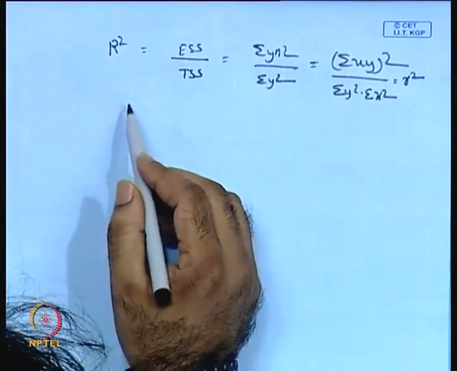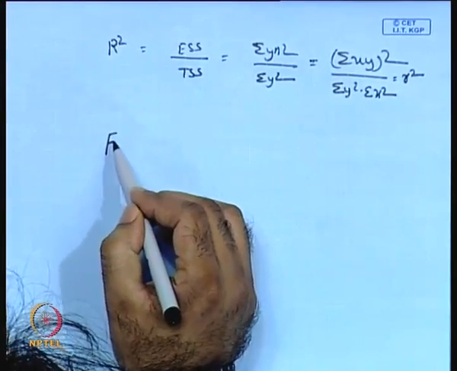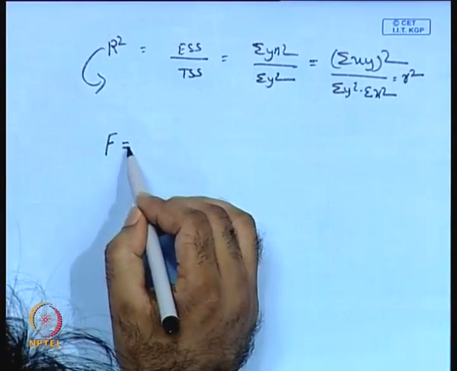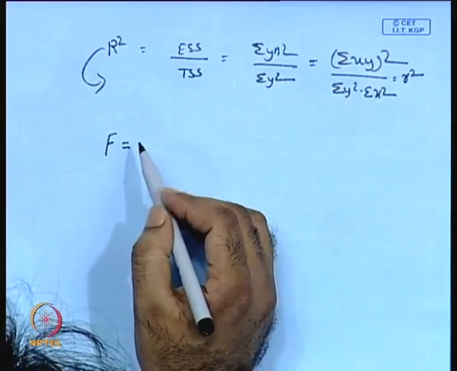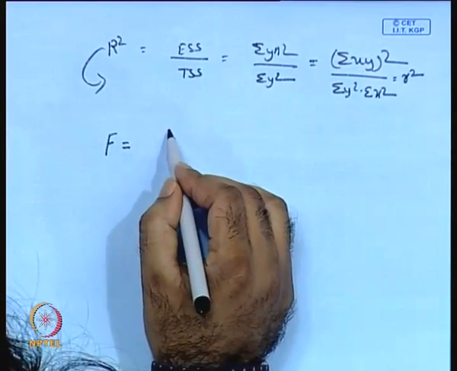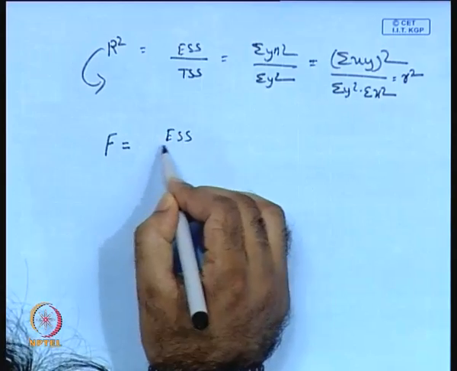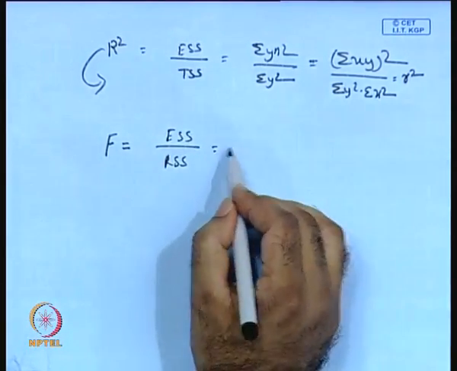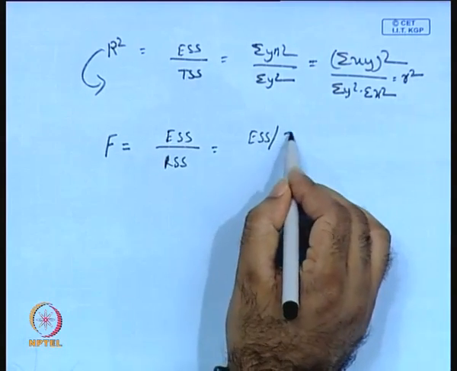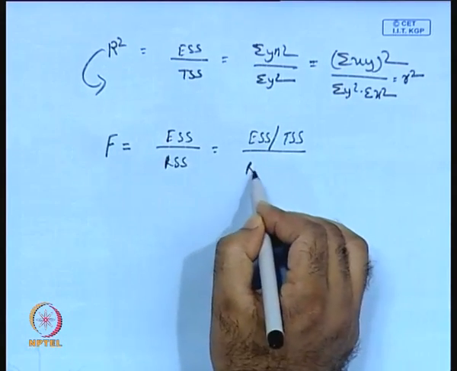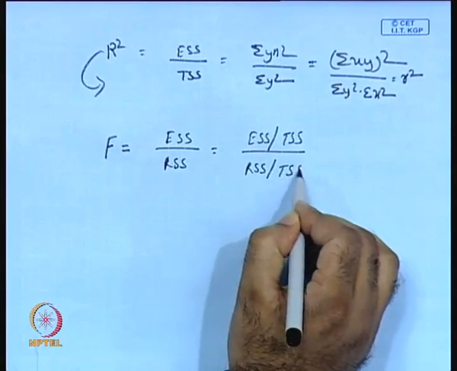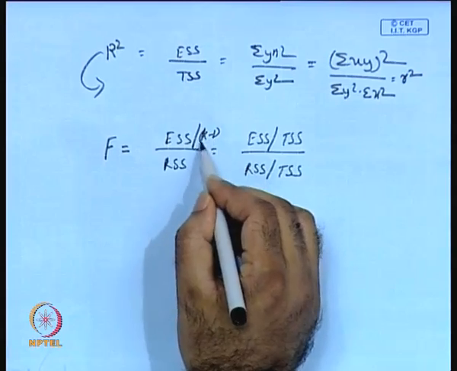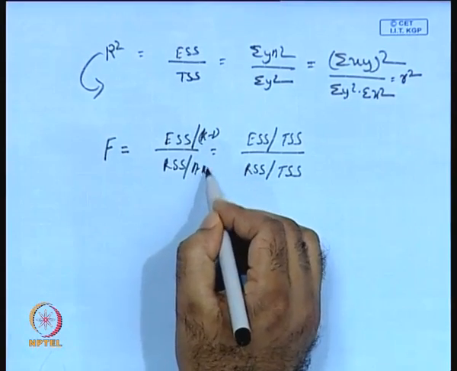Then corresponding to r, we like to know whether this component is statistically significant. That is how we have to use the F statistic. The F statistic is nothing but the ratio between explained sum of squares and residual sum of squares. So, we will divide explained sum of squares by total sum of squares, and residual sum of squares by total sum of squares. Of course, there are degrees of freedom here: k minus 1, and here n minus k.